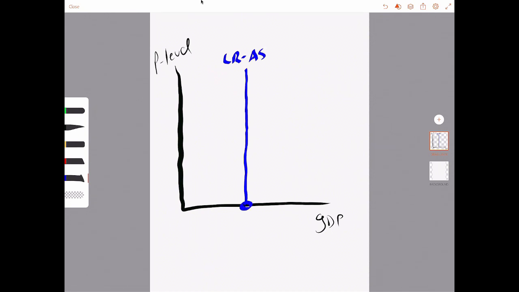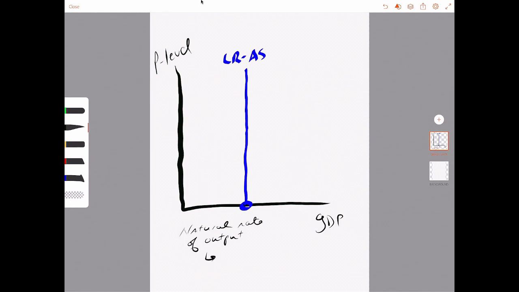And at this point here, where it hits the horizontal or the GDP axis, what we have is the natural rate of output. This is the rate of output that the economy is going to gravitate towards naturally in equilibrium because all prices have adjusted.